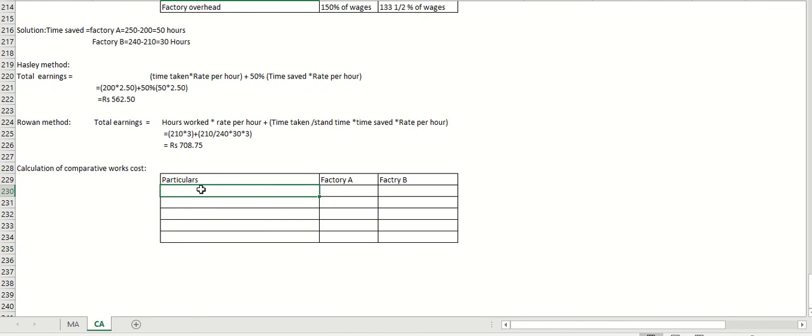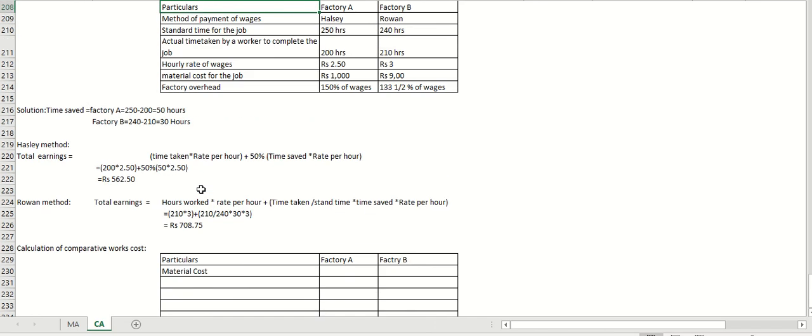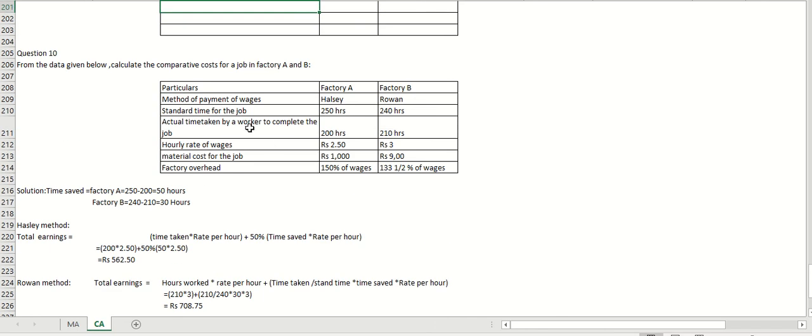So we start with material cost. What have they told for material cost for factory A? 1000, and for factory B it is 900.